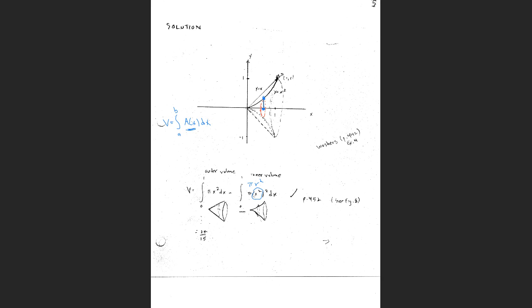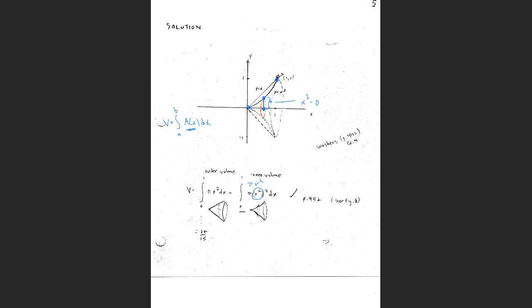Because you're asking, what is that distance equal to? That distance is equal to x squared, which is the top y value, minus 0, which is the bottom y value. And that gives you x squared. So for the inner volume, the limits go from 0 to 1, and it's not hard to see that those are the intersection points between the line and the parabola.